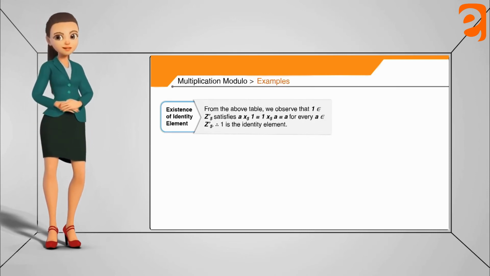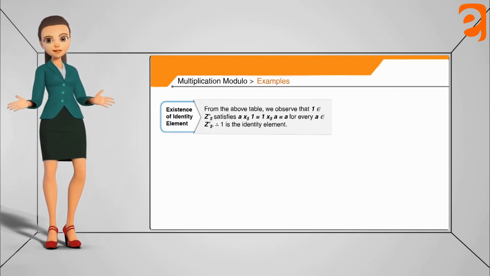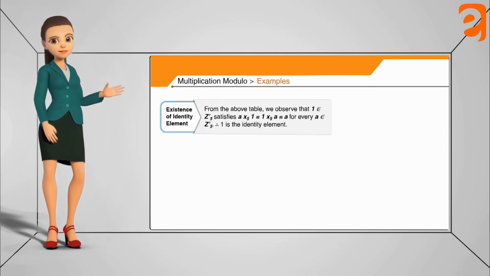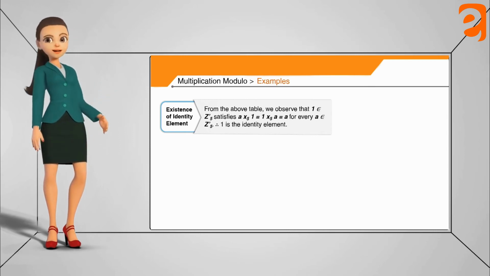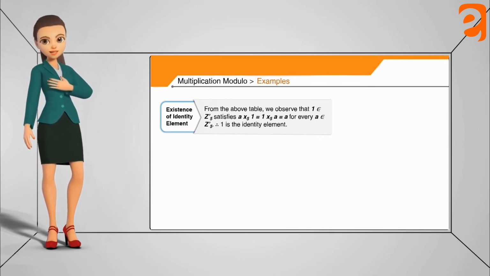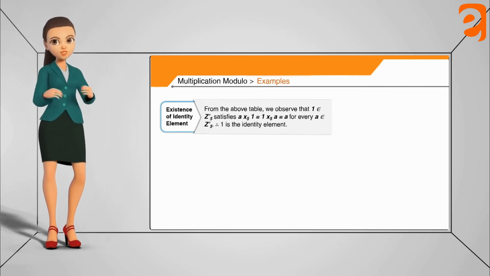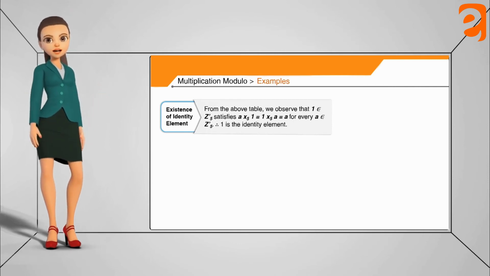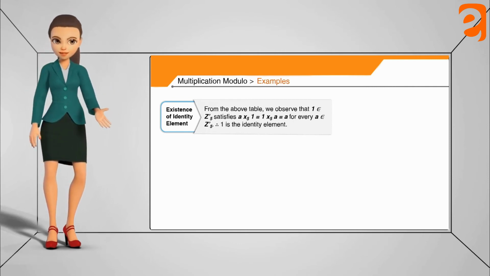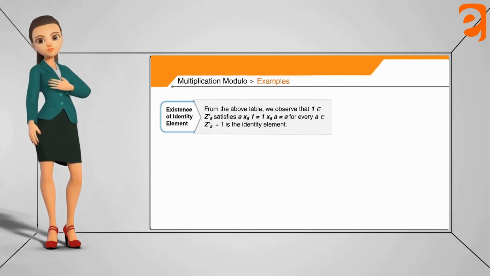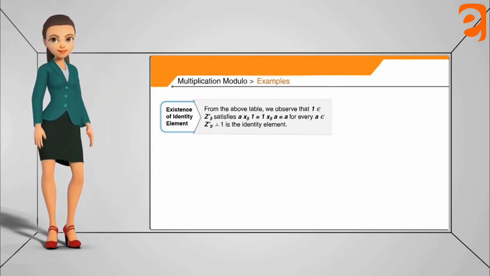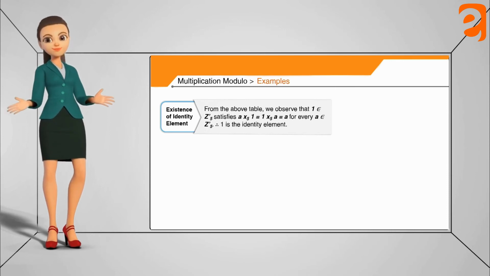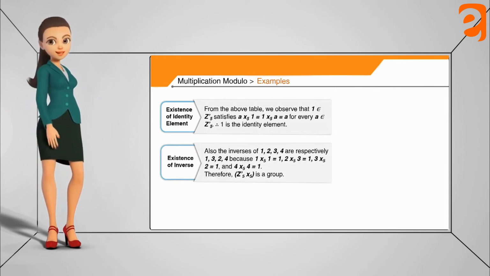The identity element of Z5, if you look at the table, you will find out that the number 1 is the identity element. How is it the identity element? Because if you multiply 1 with any of the elements from the Z5 and divide it by 5, the result comes out to be the number itself. So this shows that 1 is the identity element of Z5.